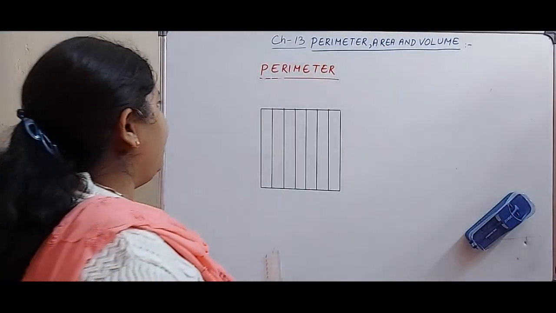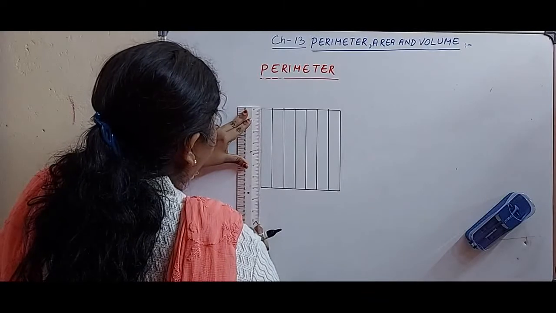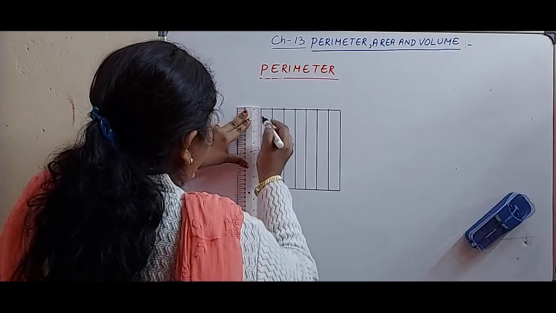In the same way, you will make the markings for your rows here. 7 rows are there.